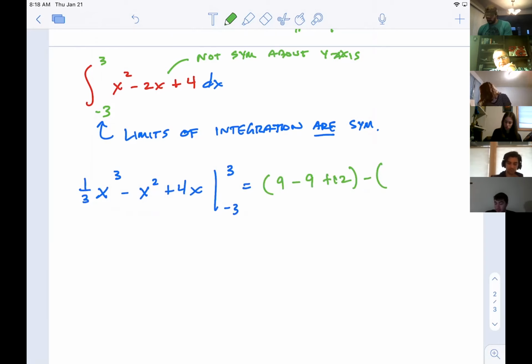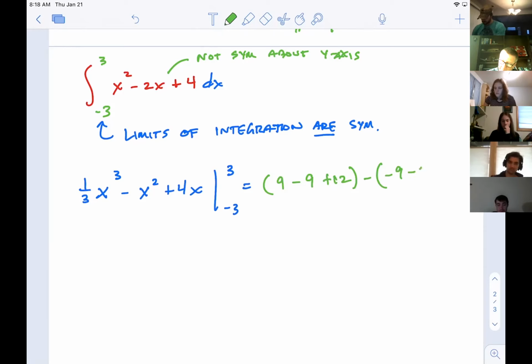So the question is, is there any time savings in the fact that both numbers were 3, since we're raising them to powers? When I put -3 in and cube it, because it's cubed, it's going to stay negative. So it becomes -9. But -3 squared is +9.